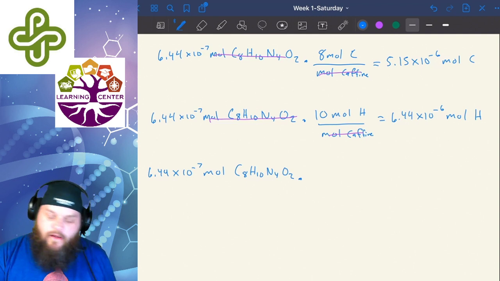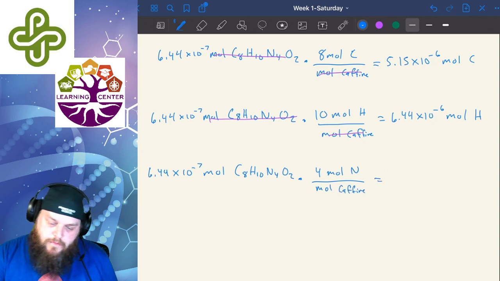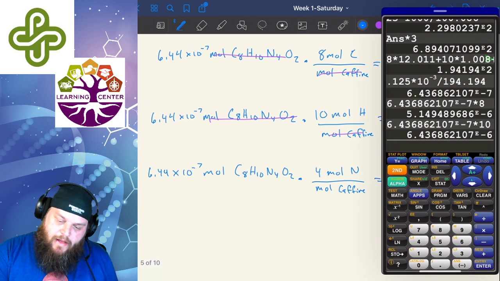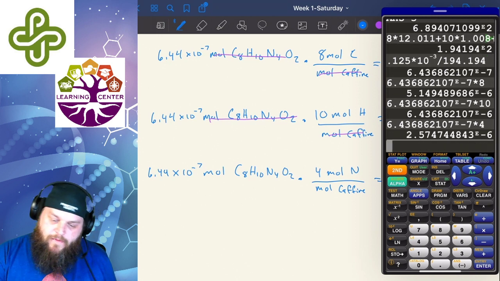For each molecule there's 4 moles of nitrogen per mole of caffeine. Plugging that in, multiply by 4, we get 2.57 times 10 to the negative 6 moles of nitrogen.